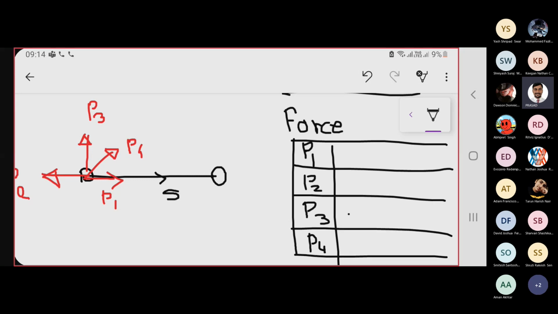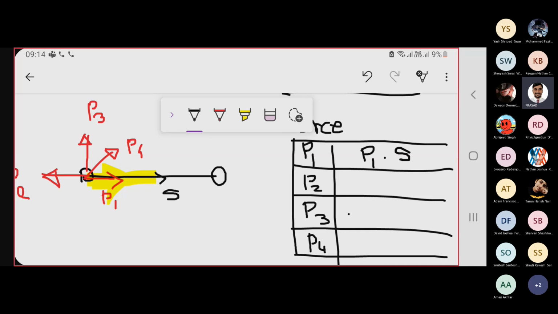How much distance does the body travel? The distance traveled is s. Let's say this force P1 is acting in the same direction as that of the motion. So P1 s.